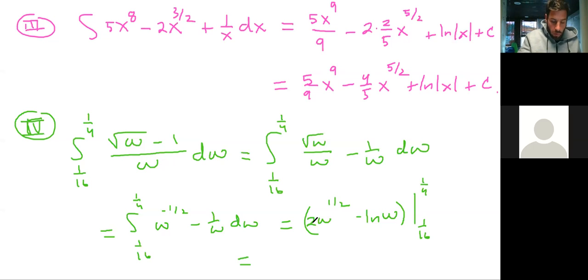So you plug in 1/4. This becomes 2 times the square root of 1/4, minus the log of 1/4. And then this is minus what happens when you plug 1/16 in. So it's this.